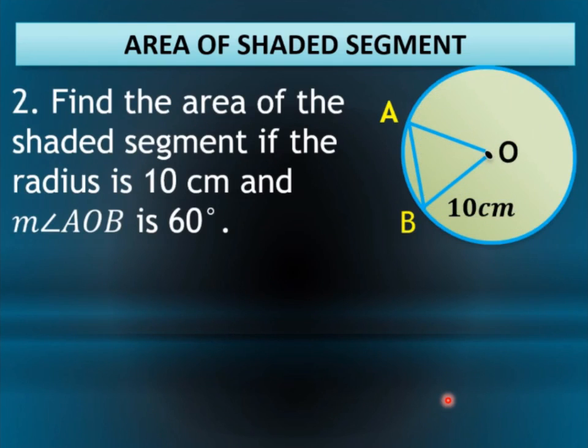Example number 2. Find the area of the shaded segment if the radius is 10 centimeters and the angle AOB is 60 degrees. Let us say this is the shaded segment.